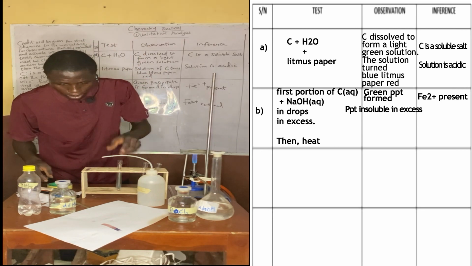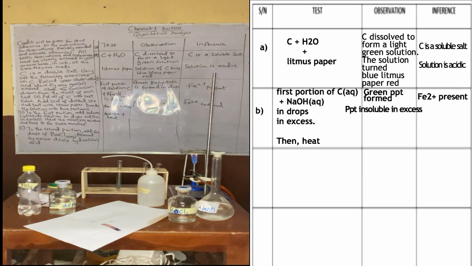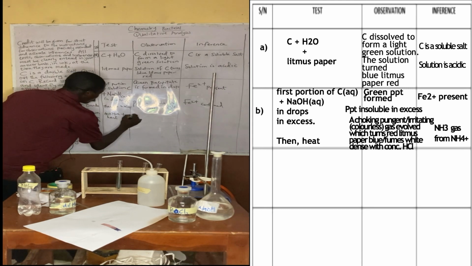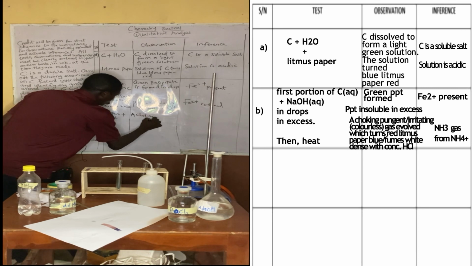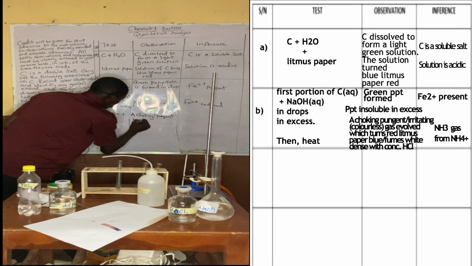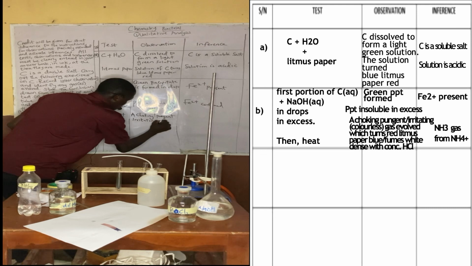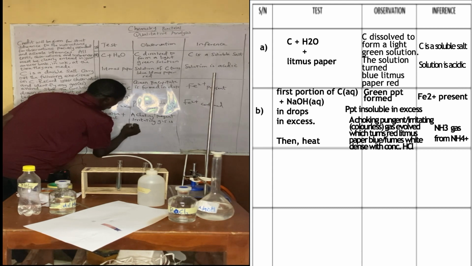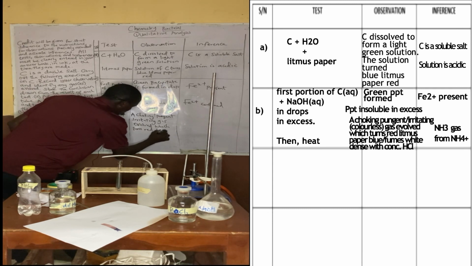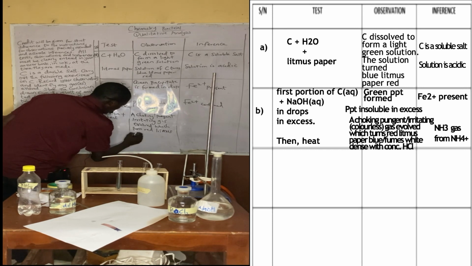So now on heating, what do we have? Let me write this one down. Mixture plus heat, we have a choking, potent, irritating gas evolved, which, as you can see, turns red litmus paper blue.